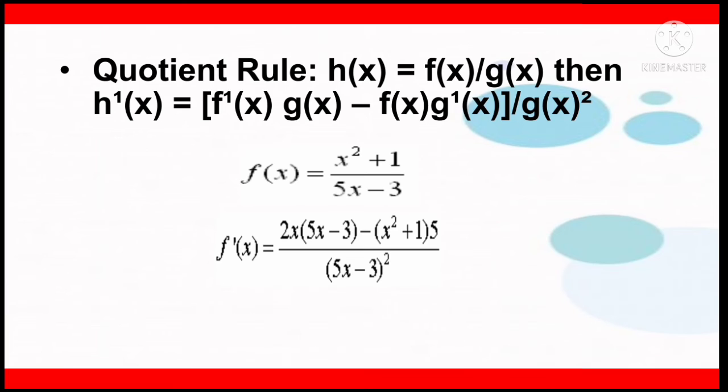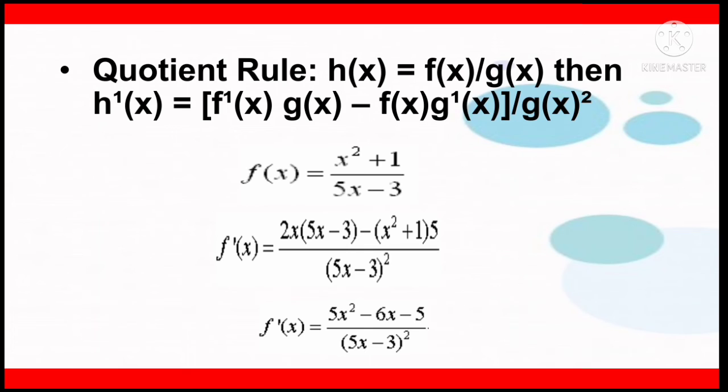So we need to copy x squared plus 1 as our f of x, then find the derivative of our g of x, which is 5x minus 3. So it is observed that it would be equal to 5, and then just square our g of x, which is 5x minus 3, as our denominator. So f prime of x is equal to 5x squared minus x squared minus 5 all over 5x minus 3 squared.